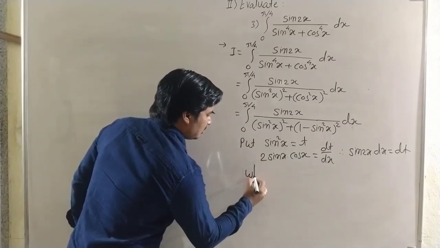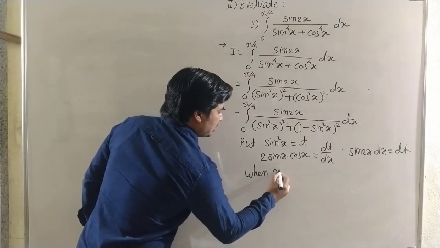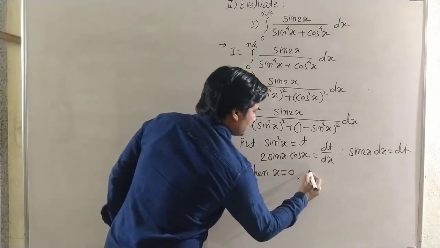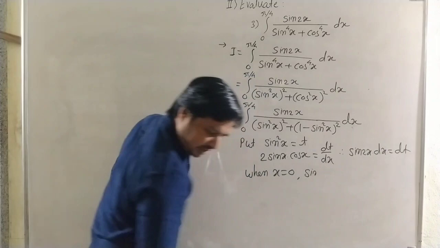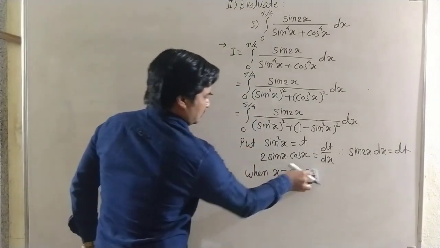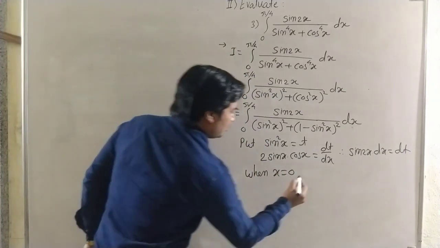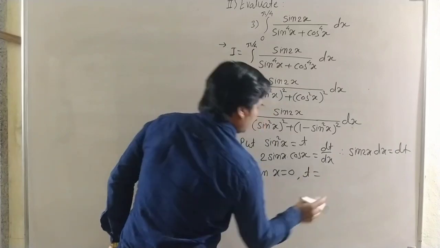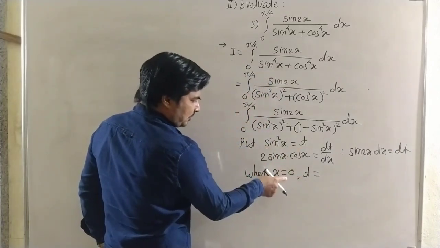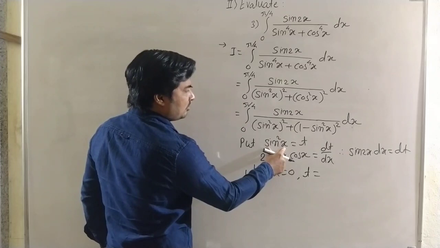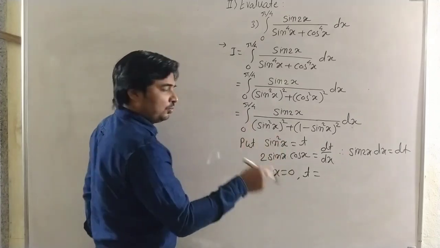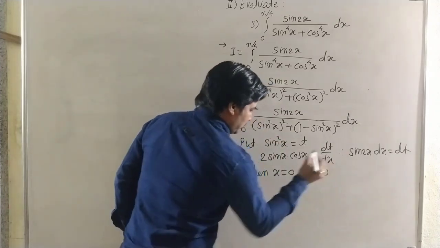When x is equal to 0, t is equal to sin square x is equal to 0. Here it is sin square 0, sin 0 is 0, therefore sin square 0 is also 0.